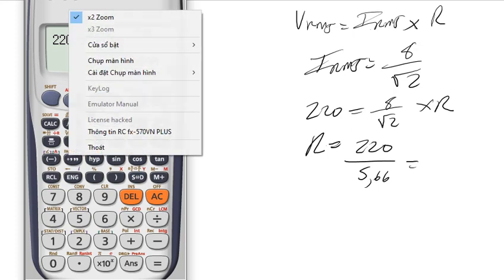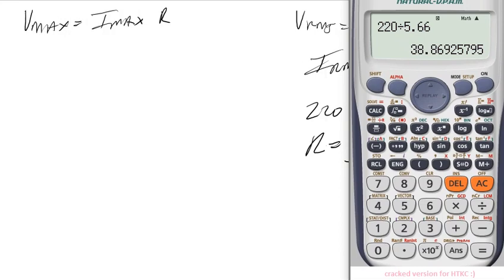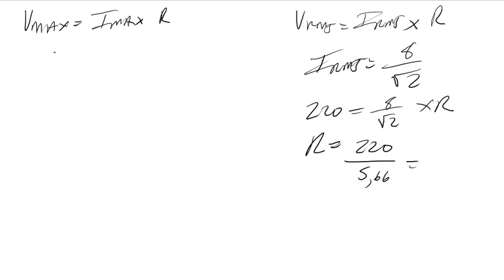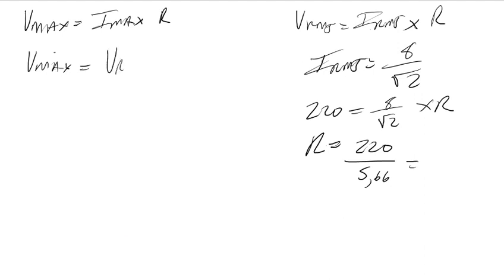Then also, if we decide to use this one right here, Imax, you need to calculate. You know Imax, but I need to calculate the Vmax. So Vmax will be equal to VRMS times root 2. So Vmax is equal to 220 times root 2.